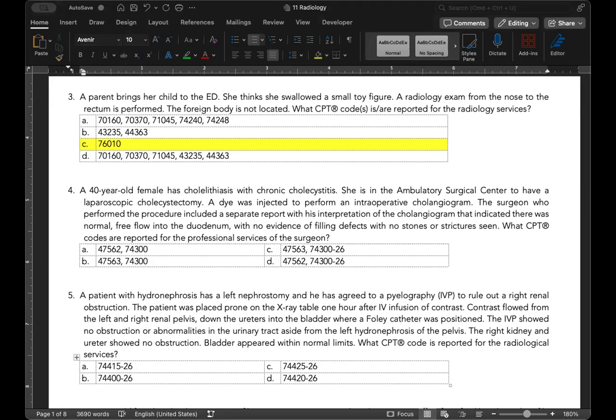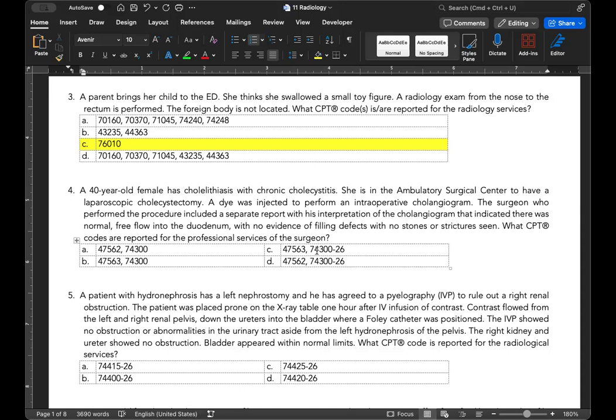Okay, I've got a couple answers in the chat. So a couple people say, yes, we should use it. So yes, we should actually use the 26 modifier here. Because again, we are only performing the supervision and interpretation. And since it says in there intraoperative, right, it's telling us that that's the full global package.